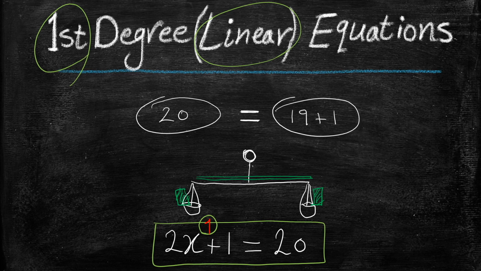That's why we call it first degree. If the largest exponent of the unknown in the equation was 2, that would be a second-degree equation. Right now it is 1, so that's a first-degree equation. Now that we established these terminologies, let's learn how to solve linear equations.